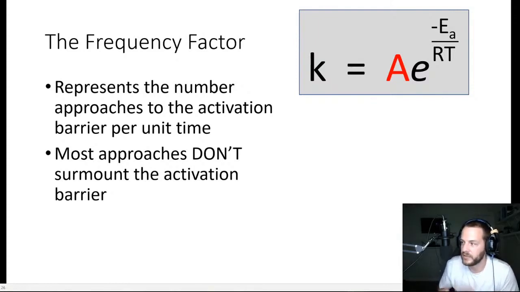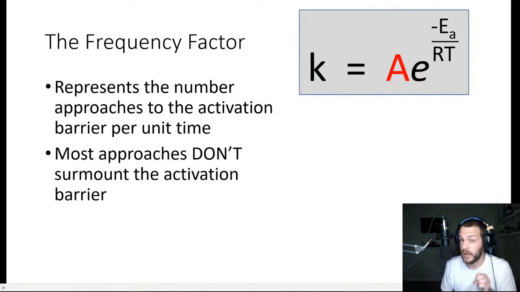Each reaction has its own unique frequency factor, depending upon a variety of factors like the nature of the reaction, the shapes of the molecules, and whether the particular sites undergoing the reaction are hindered or inhibited by the rest of the molecule. So it's the number of approaches to the activation barrier in a given amount of time.